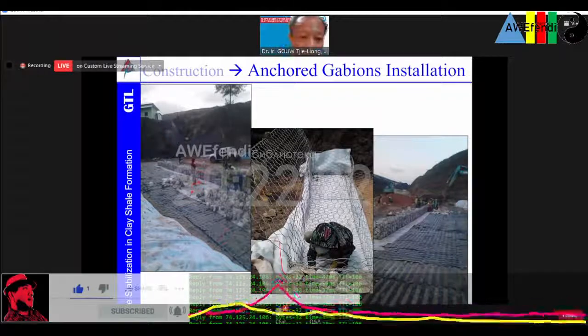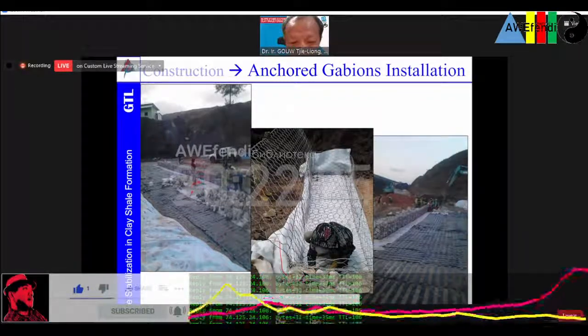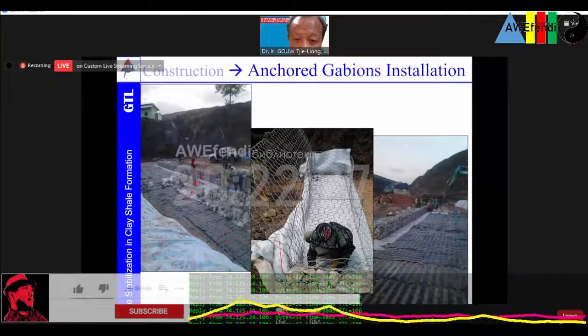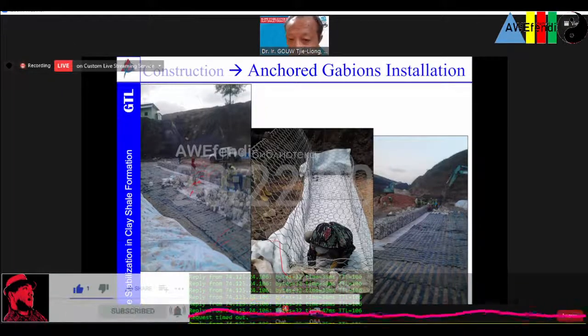So these are the working processes. This man is laying the stone inside the gabion.